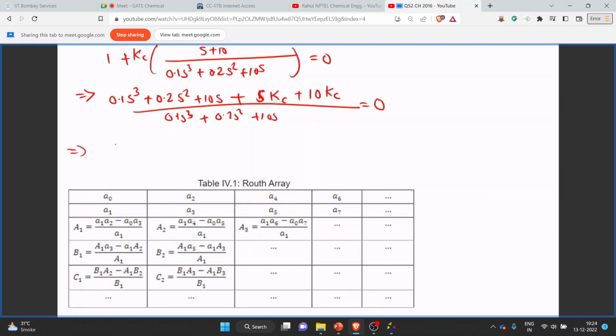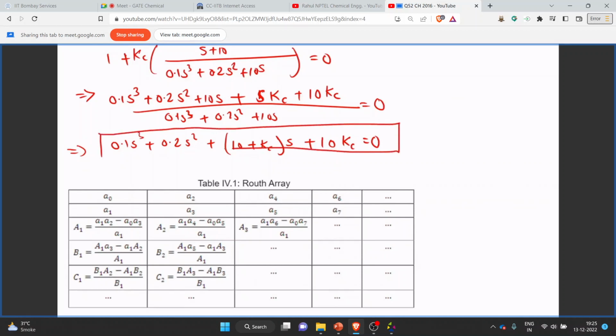That is, the polynomial that we are having is 0.1 s cube plus 0.2 s square plus (10 plus Kc) into s plus 10 Kc is equal to 0. This is the polynomial we will be getting, and using the Routh array the system will be stable if the values of all the coefficients in the first column are greater than 0.